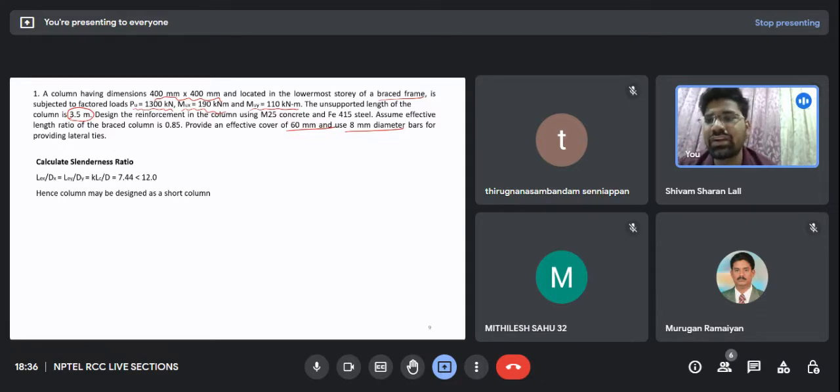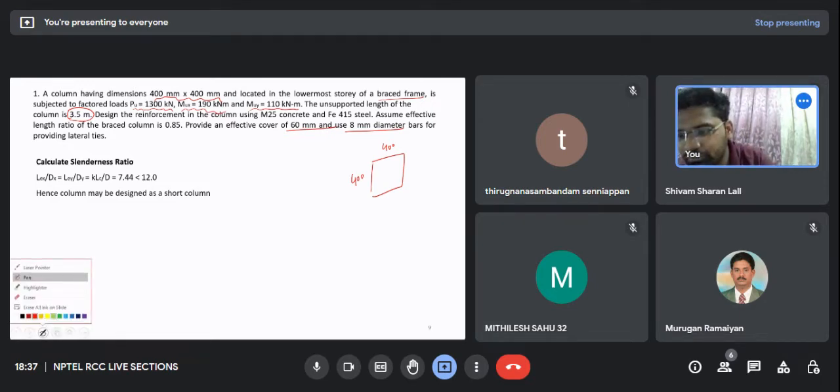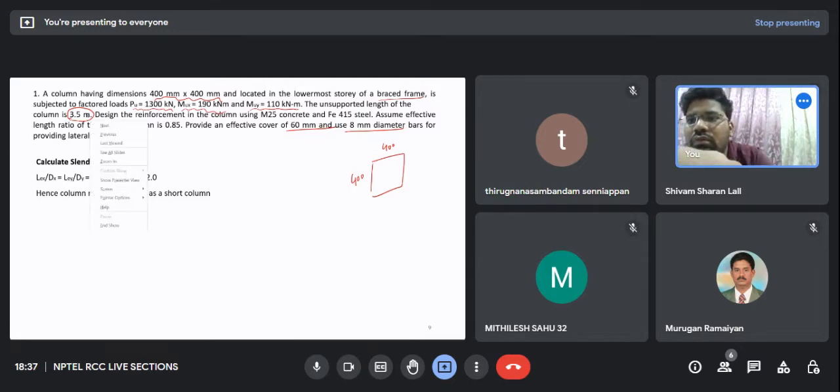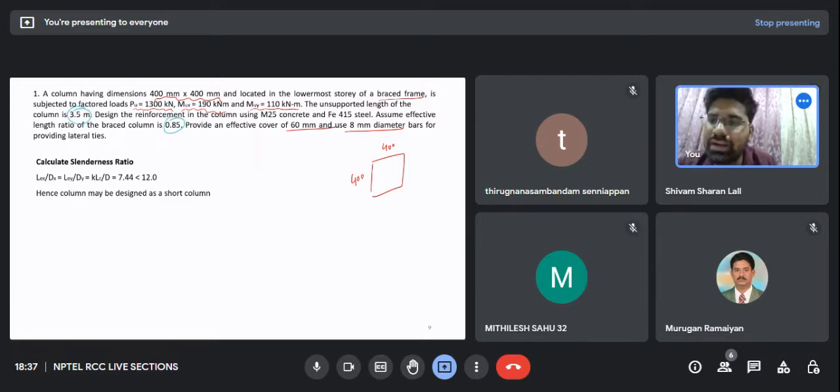What is it? L effective by least lateral dimension. Here I have a square column of 400 by 400 mm, so on both sides my least lateral dimension is 400. How will you find L effective? 0.85 into 3.5 will be L effective.